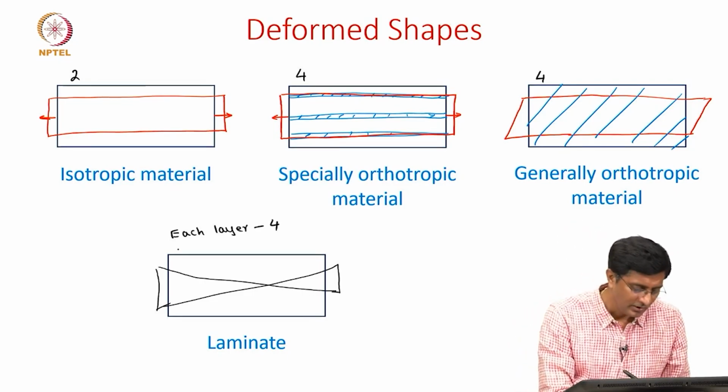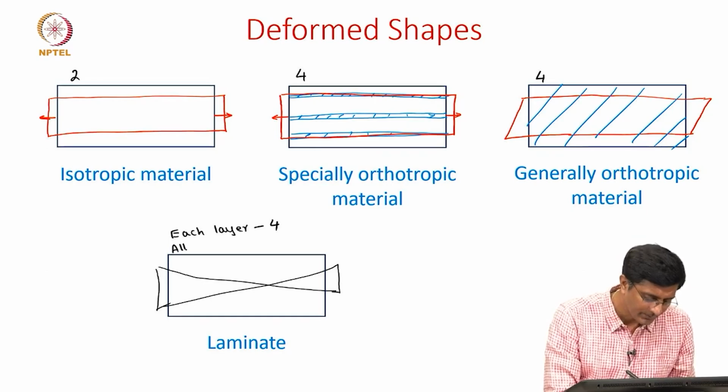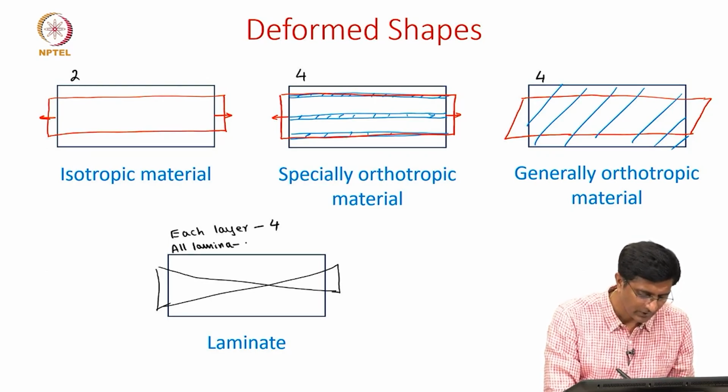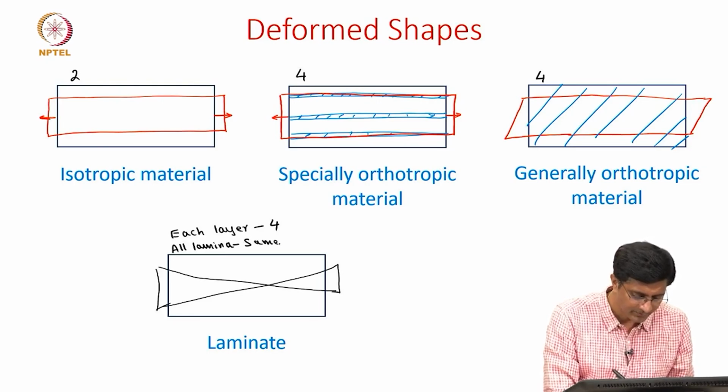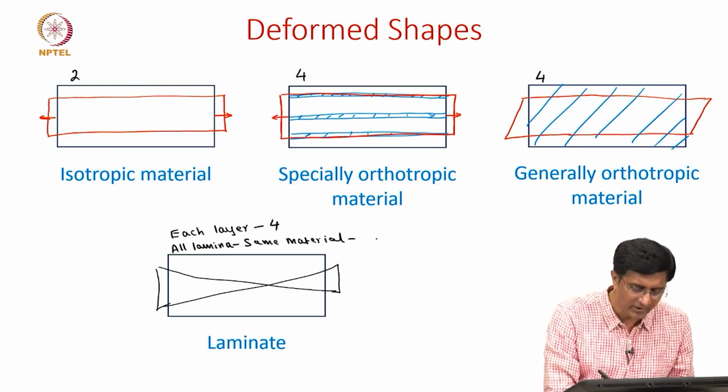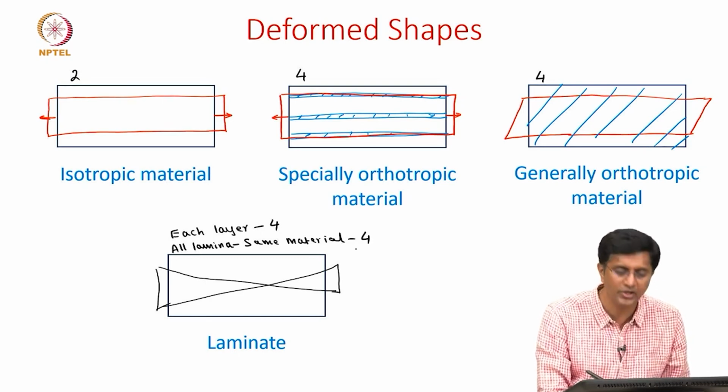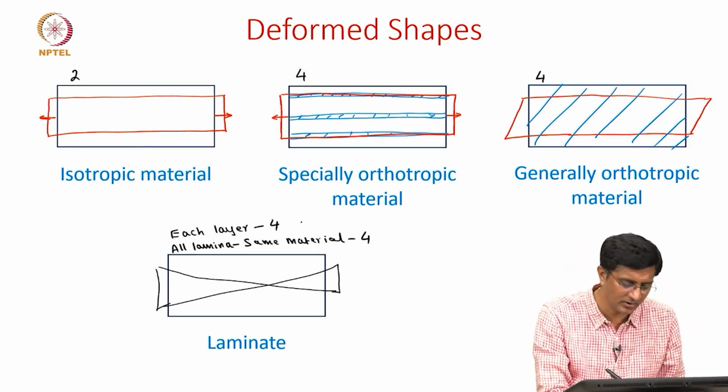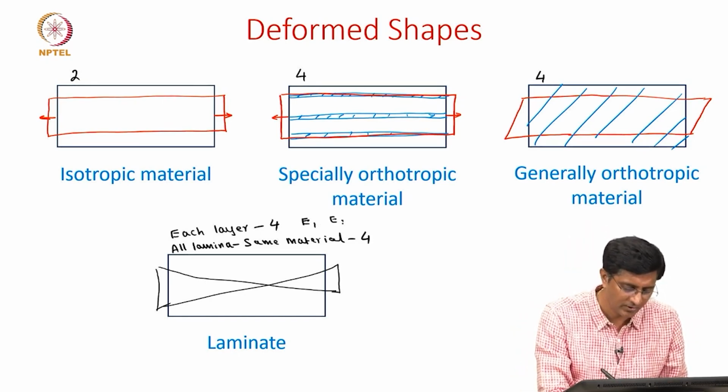If all lamina are the same material, then again we'll have only 4 independent constants, which are again these E1, E2, Poisson ratio and the shear modulus.